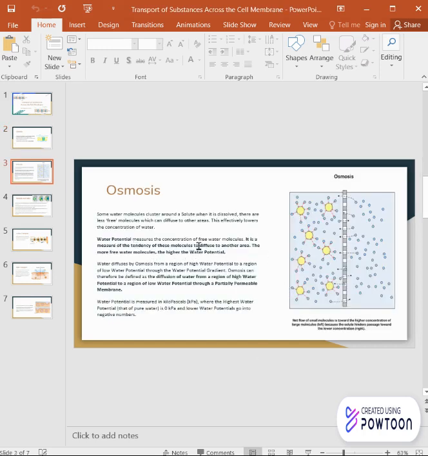So with osmosis, if you have distilled water, there are zero impurities. So it's 100% water molecules. However, when you add impurities like sugar or salt, it associates with the water molecules.